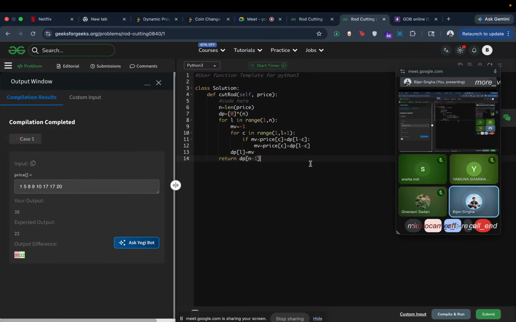What is def of n? Sneha, what is def of n? It is 9.